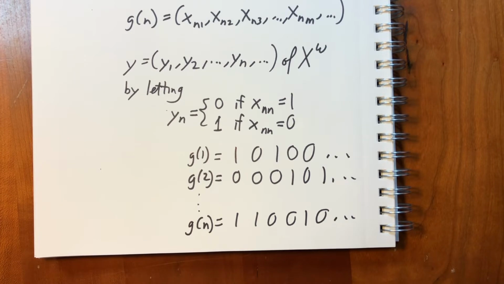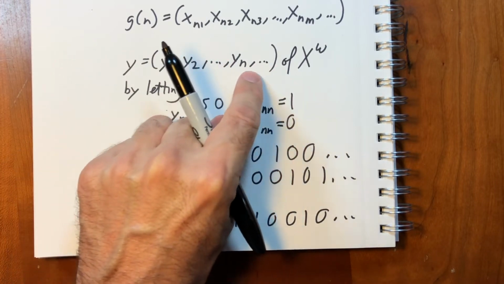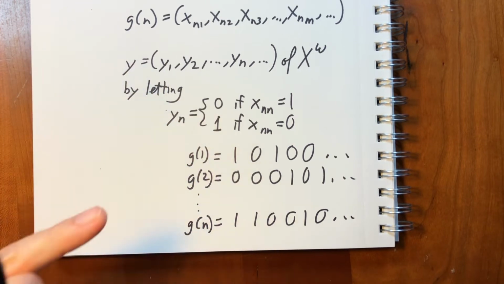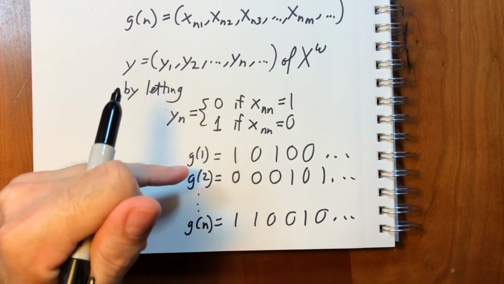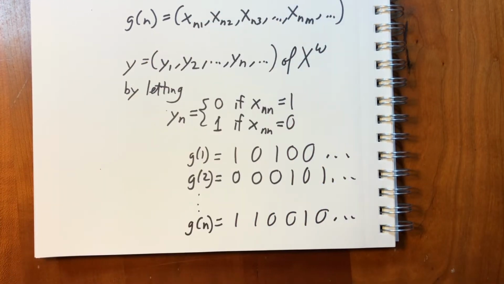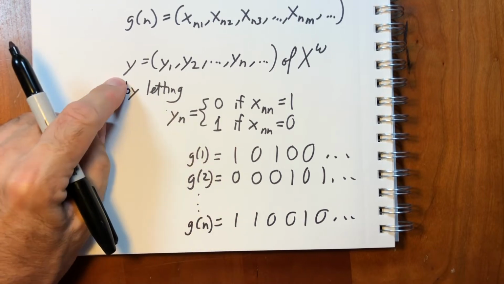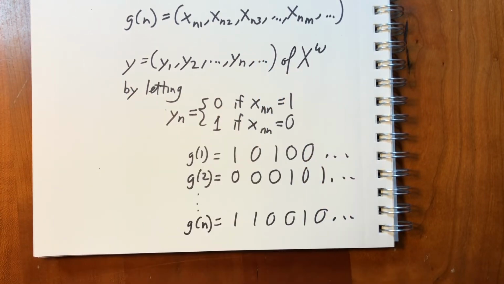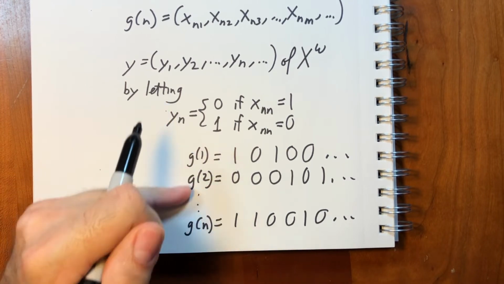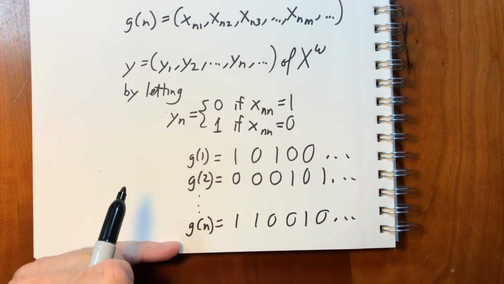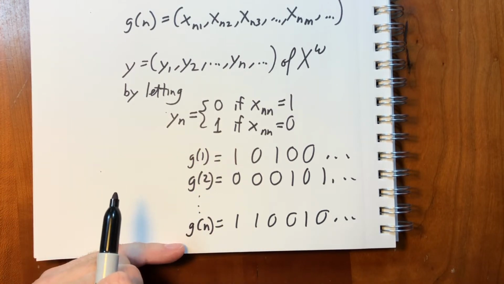So the point is that y differs by at least one element from each of the tuples that g sends into X^ω. So what does that mean? That means that y is an element of X^ω, but y does not lie in the image of g because it differs by at least one coordinate from every element in the image of g.